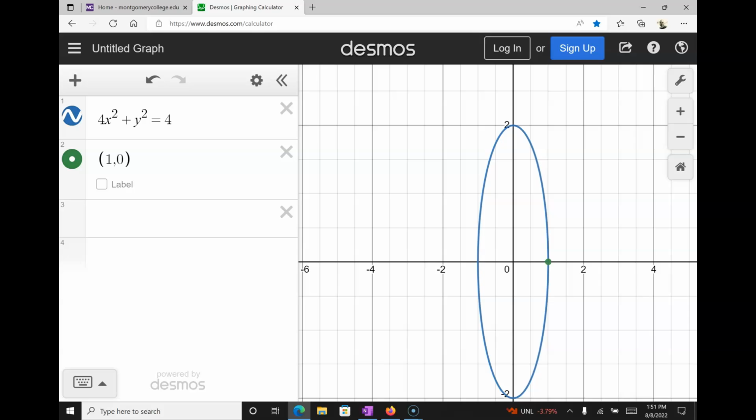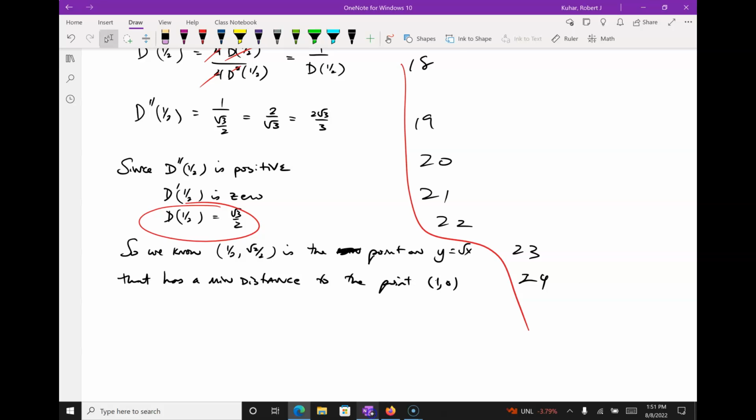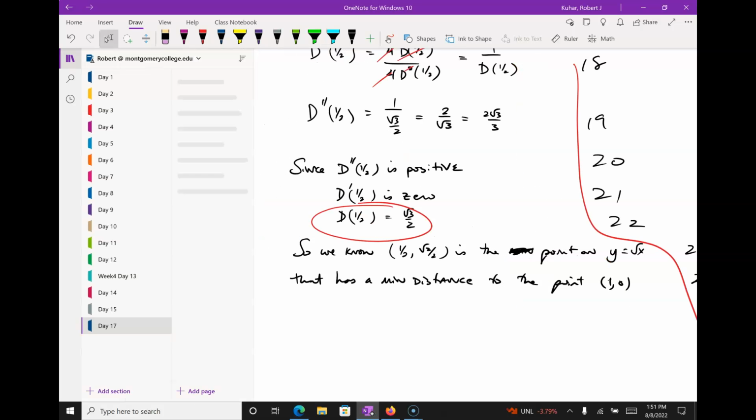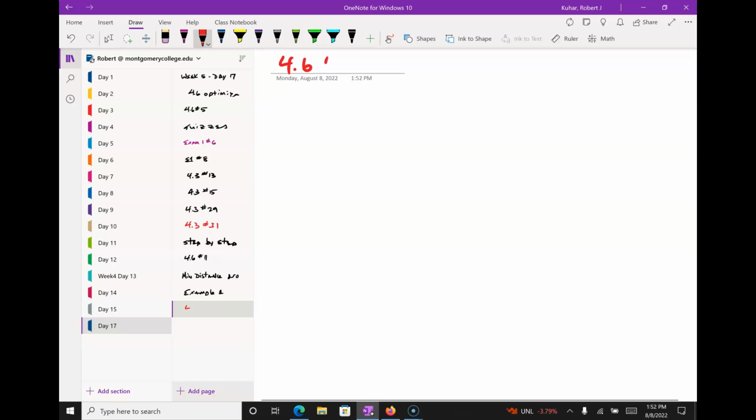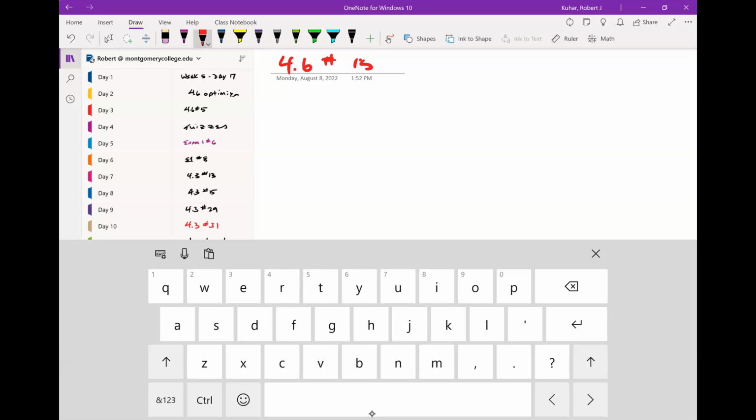Did I do that right? Let me make sure I read it right. Yep, furthest away from the point 1, 0. So you can kind of imagine it, right? This is 4.6, number 15.